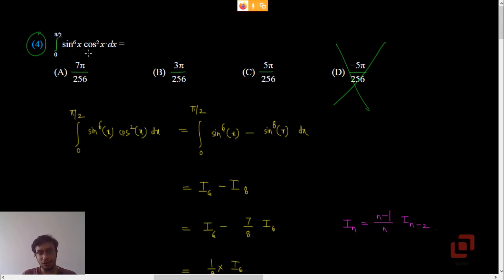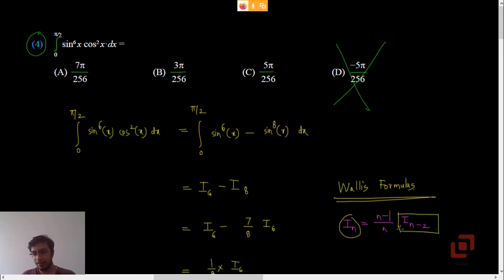Now to solve this problem you have to make use of the Wallis formulas. The fundamental relation between In and In minus 2, where n is greater than or equal to 3, is In is equal to n minus 1 upon n into In minus 2.